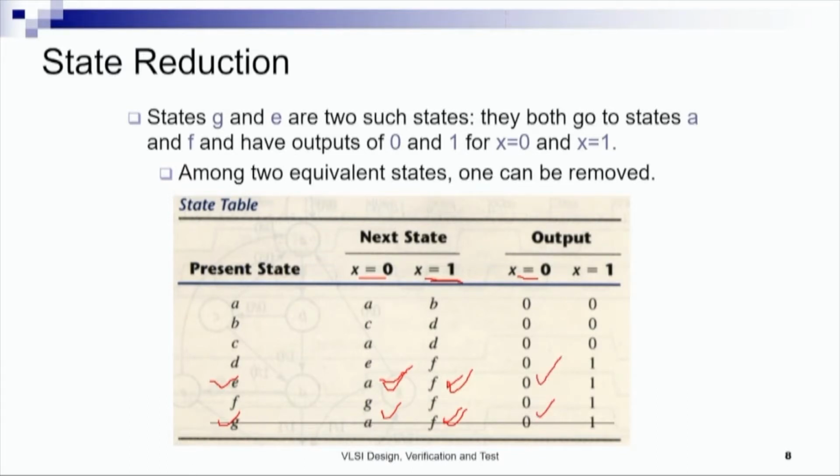And when the input is x equals 1, they again produce the same output 1. So in terms of both next states and outputs, they are the same. And hence, one of these states, G, we have decided to remove.